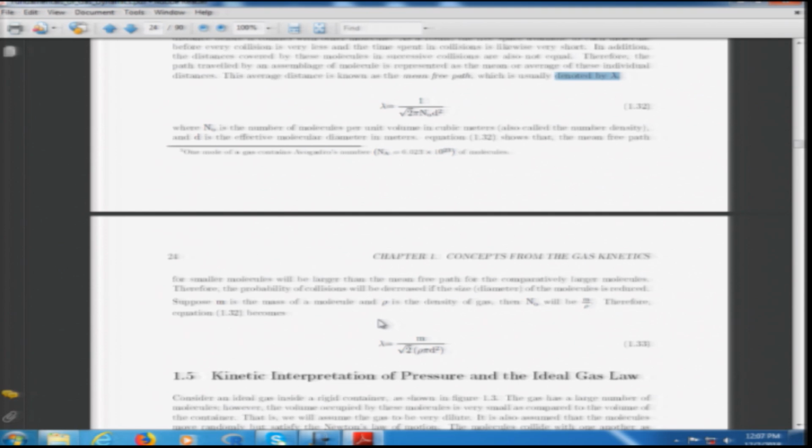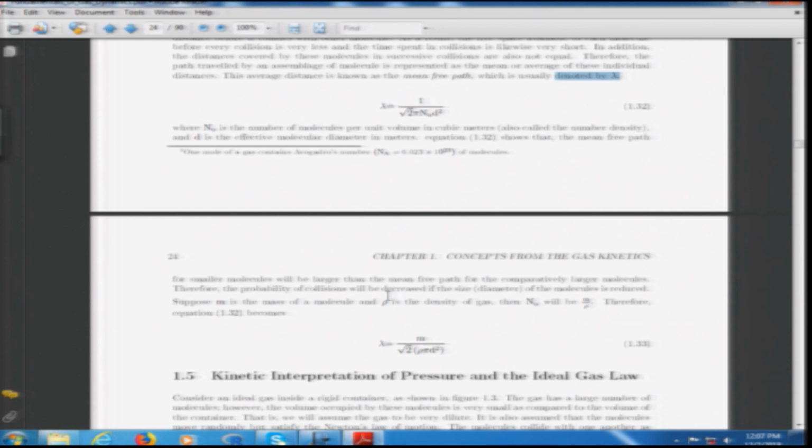Now, this can be represented again: if m is the mass of the molecule and rho is the density of the gas, then n naught can be represented as rho by m. That means it can be written as lambda equals m by square root of 2 rho pi d squared. Now we can say that if the size of the molecules is reduced, then collision frequency automatically decreases.